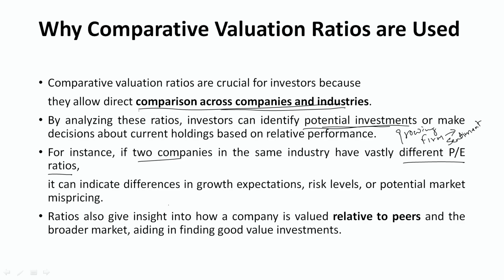If there is a difference in the PE ratio, it could be because of the expectations prevailing in the market among the investors, or because of the different risk levels at which the companies are functioning, or because of potential market mispricing. Potential market mispricing is a sentiment factor driven activity.